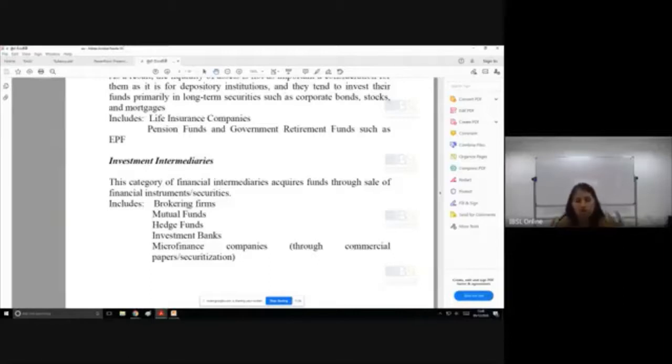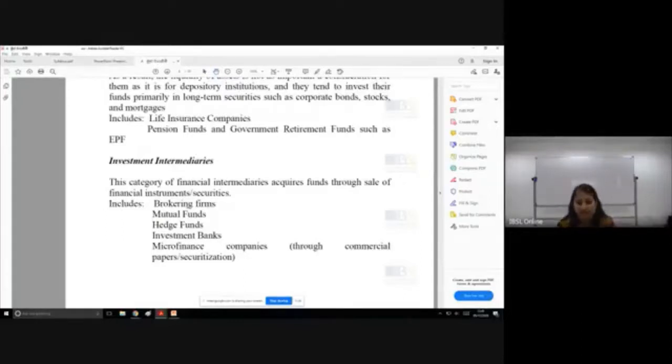Unit trusts or mutual funds, what do they do? They will pool funds and invest, but they will get a commission or have some charge for managing the investment.